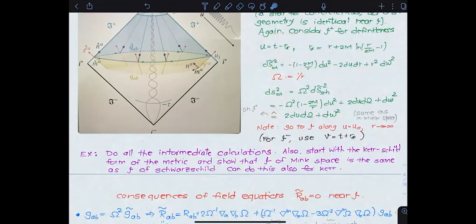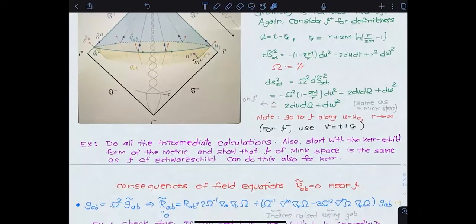If you take the physical Schwarzschild metric and write it in terms of U, R, theta, phi, where U is defined by this formula, then because U is a null coordinate, it becomes (1 minus 2m over R) du squared minus 2 du dr plus R squared. So this is exactly like in Minkowski space. In Minkowski space you did not have 2m, you had just minus 2 du dr. Now you have 2m up here.